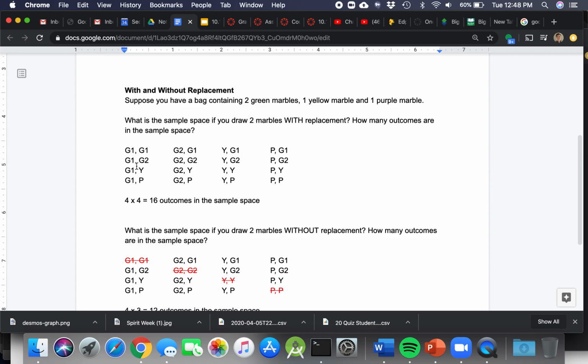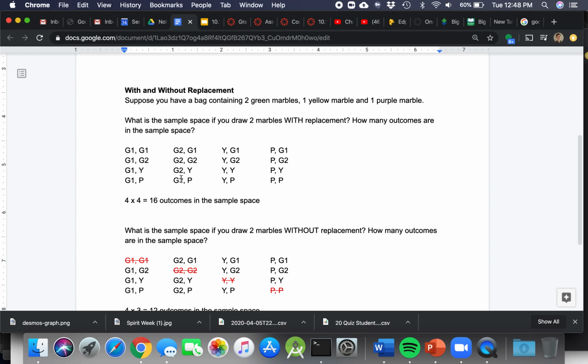And so I list out all the possibilities here. So first I just list out all the possibilities where the first draw is green 1. And then there are 4 ways this could happen, mainly because there are 4 marbles. So if on the first attempt it's green 1, on the second attempt it could be green 1, green 2, yellow, or purple.